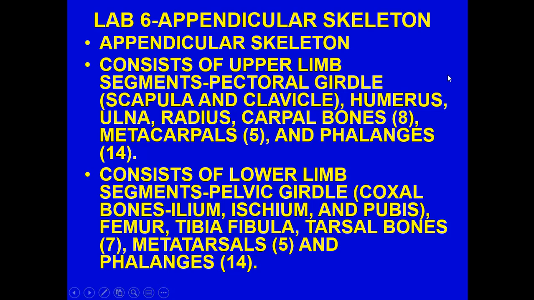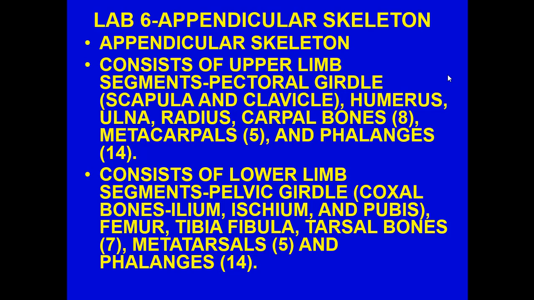Now, the appendicular skeleton basically consists of upper limb segments, which include the pectoral girdle, that's the scapula and clavicle, the humerus, ulna, radius, carpal bones, of which there are 8, the metacarpals, of which there are 5, and the phalanges, of which there are 14.